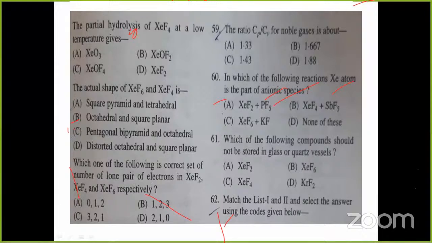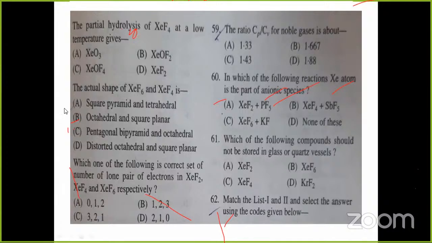XeF2, as I told you earlier, you saw, very good. 3, sir. XeF2 3, XeF4 2, and XeF6 1. C option. The actual shape of XeF6 and XeF4, just now I told you, F6 and F4.